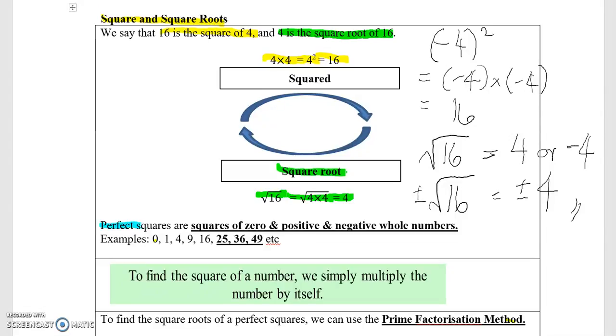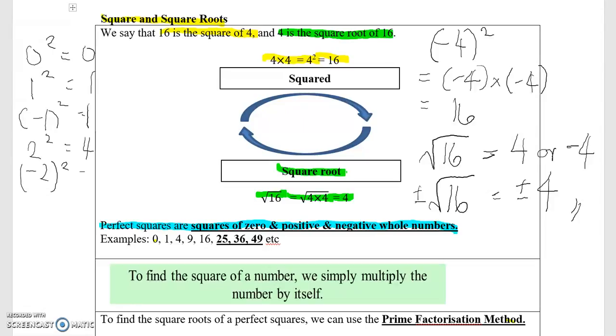Perfect squares are squares of 0 and positive or negative whole numbers, such that 0 squared is equal to 0, 1 squared equals 1, negative 1 squared is also equal to 1, 2 squared equals 4, negative 2 squared also gives us 4, 3 squared is equal to 9, negative 3 squared is also equal to 9.